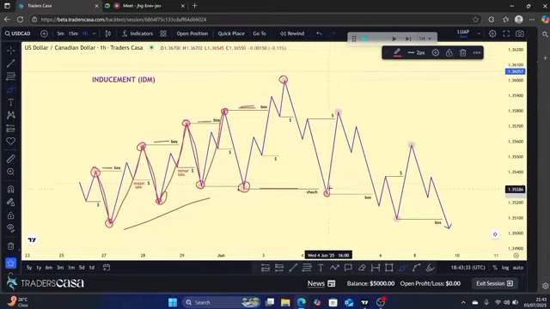Right now we'll be anticipating that price will be returning back to our zone, creating a lower high, because this one here was the high, and I was anticipating that price should create a higher high so that we continue with the bullish trend, but now price created a lower high right here.